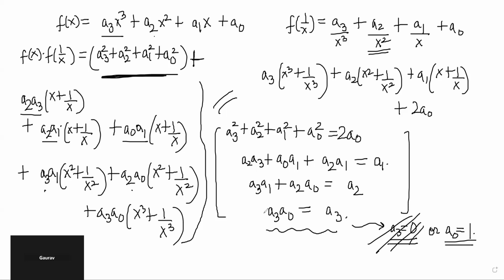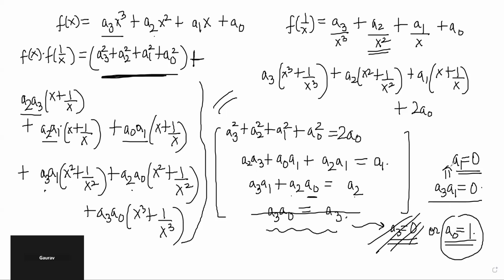And now see what happens because of that. If a0 is 1, notice here, this is 1. So a2 will cancel, so you are getting a3, a1 is 0, which implies a1 is 0, right? So now we know a0 is 1 and we know a1 is 0.